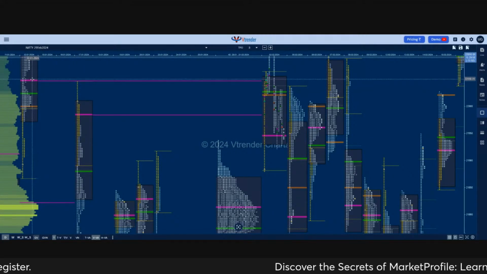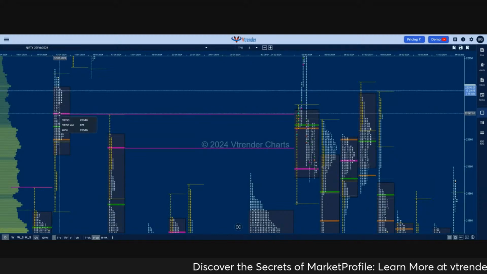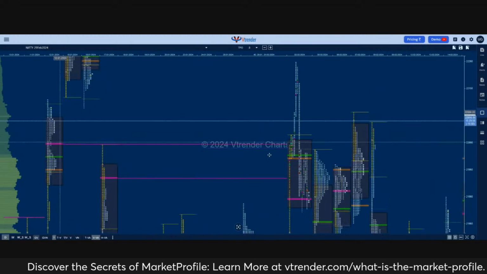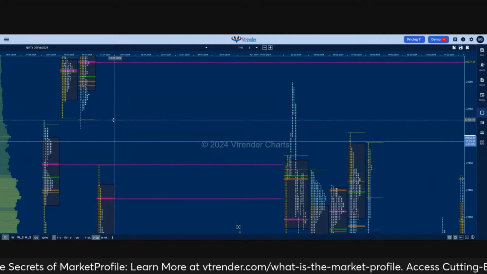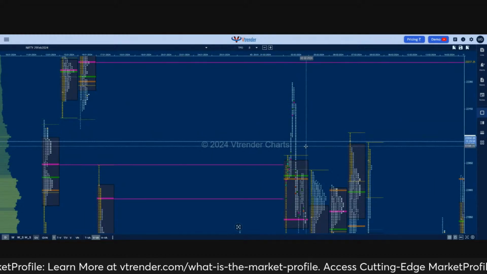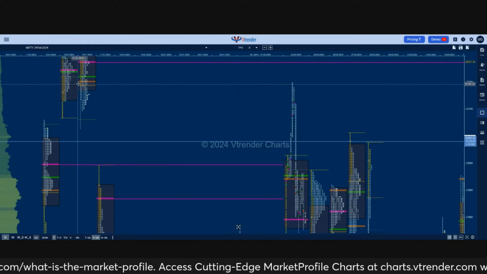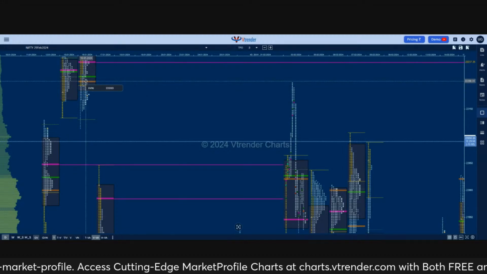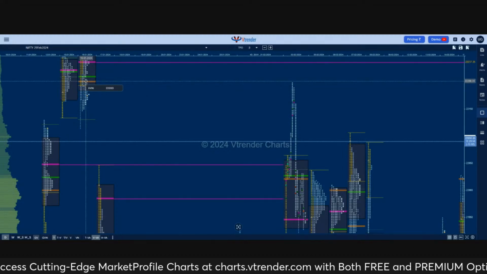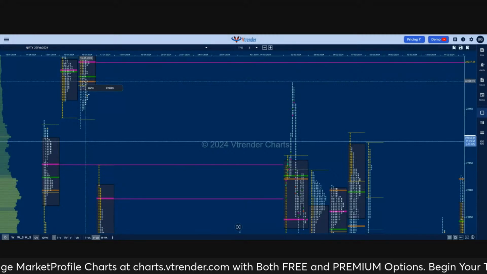We took off the previous VPOC, which was not tagged, of 22050 and went on to climb higher. Here you can see we made a one time frame higher till the E period, and we stopped right near this HVN of 22200 from the 16th of January.